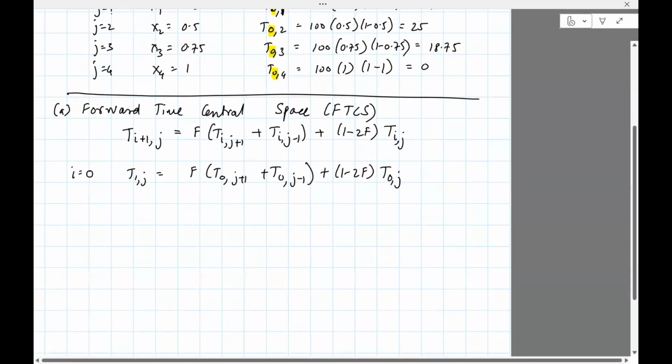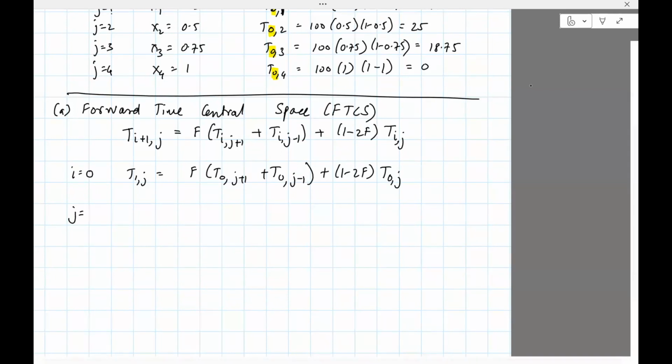Once we have this formula for i equals 0, we can start putting in values for different j's. If you put j equals 0 in this formula, you will not be able to solve for 1, 0 because you'll get 0, minus 1. There's no minus 1 index. Turns out that you already know the solution for T(1, 0).